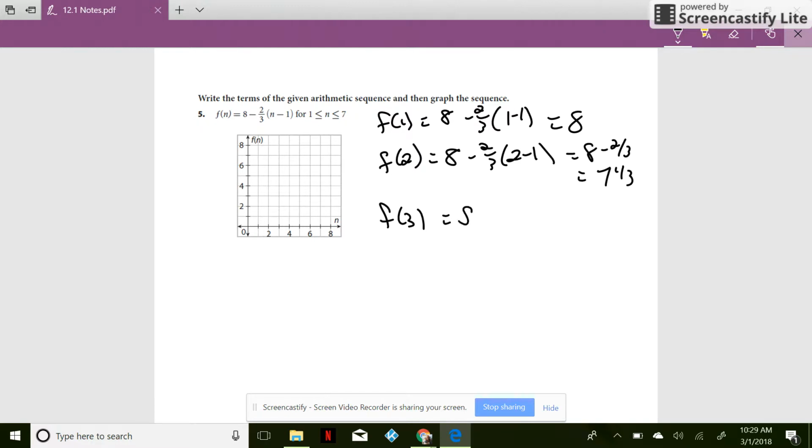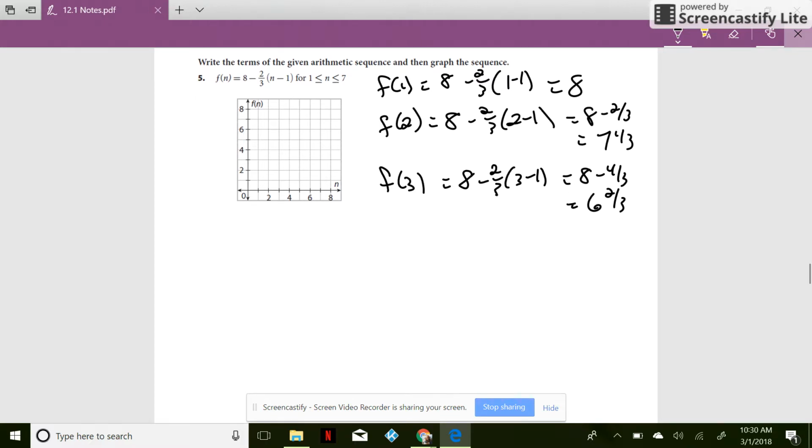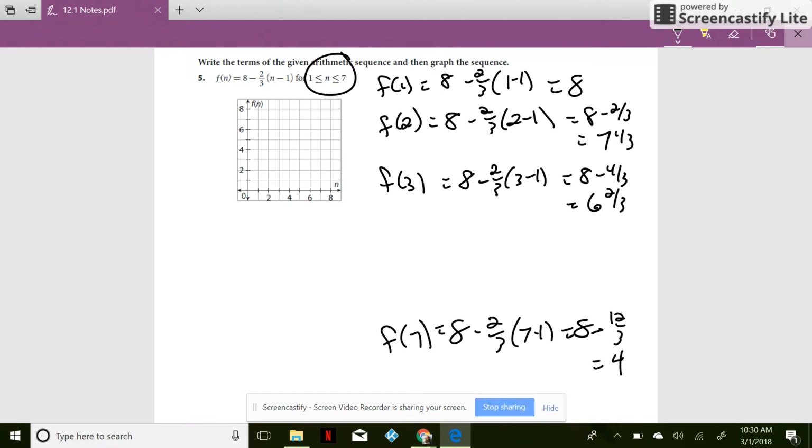F of 3 is equal to 8 minus 2/3 times (3 minus 1). Well, that's 8 minus 4/3, which is 6 2/3. And then you'll continue doing the same process until you get to f of 7, because that's the last value. We're finite here. So you'll have 8 minus 2/3 times (7 minus 1), or 6, which is 8 minus 12/3, which would just be 4.